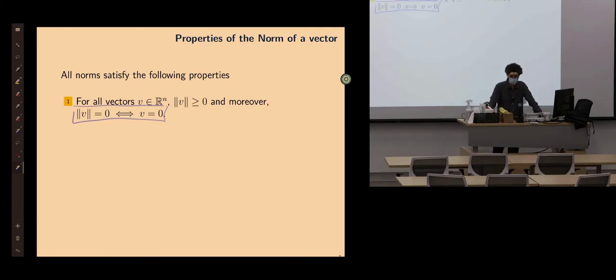What's the meaning of this condition? You can't have a 0-length vector unless it's actually on the origin itself. That's perfect. So you can't have a 0 length for a vector unless it is the vector that starts at the origin and stays there, and that's the 0 vector.